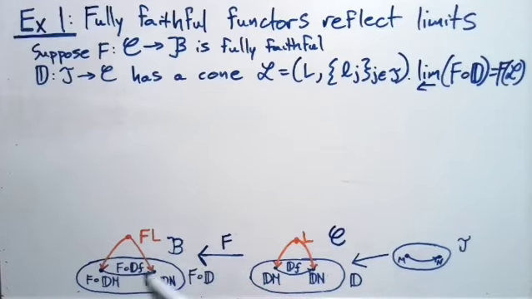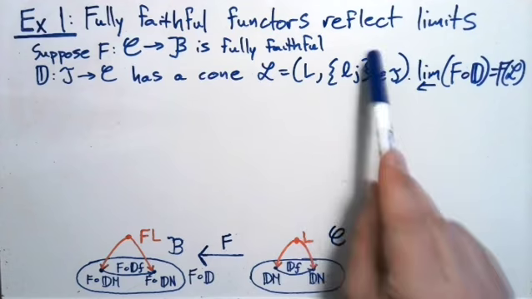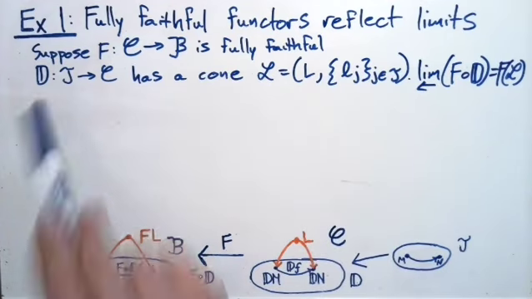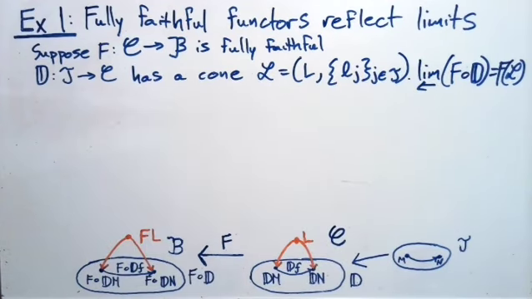This image here is a limit over the image of this diagram. Then what we need to show is that it reflects that limit. So this cone here is actually not just a cone over D, but it's actually a limit over D.